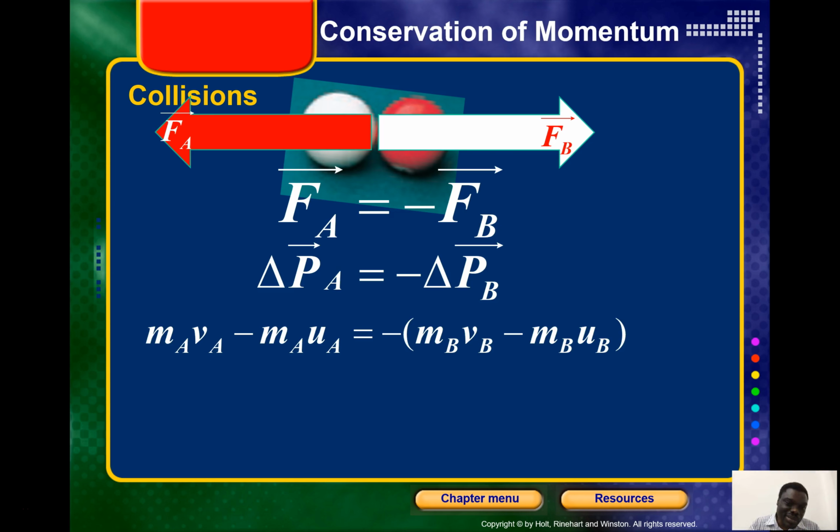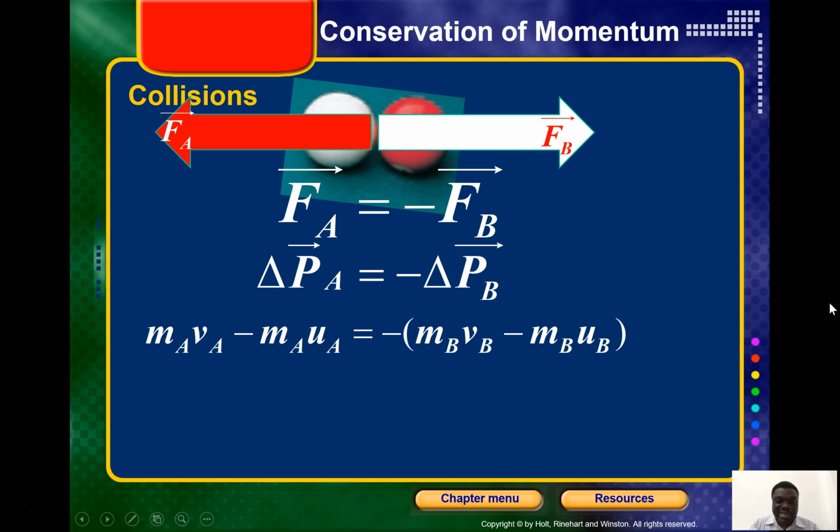So it means that the mass of A times the velocity of A after, minus the mass of A times the velocity of A before, should be negative the mass of B times the velocity of B after, minus the mass of B times the velocity of B before. This is the meaning of change: final minus initial value.